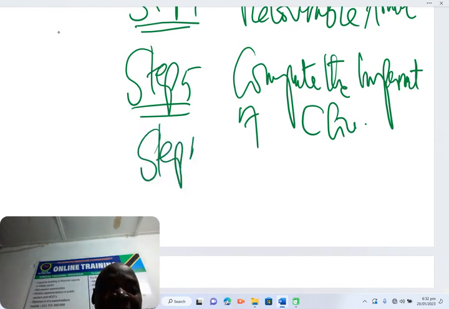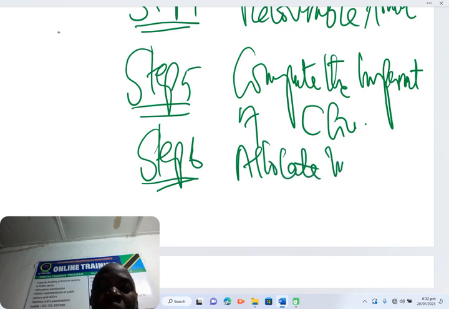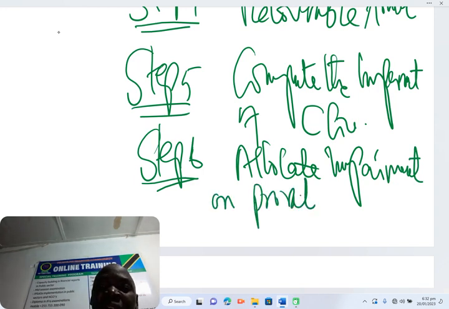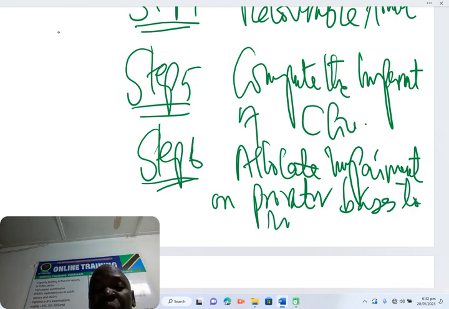Step number six, allocate the impairment on a pro rata basis to individual assets.